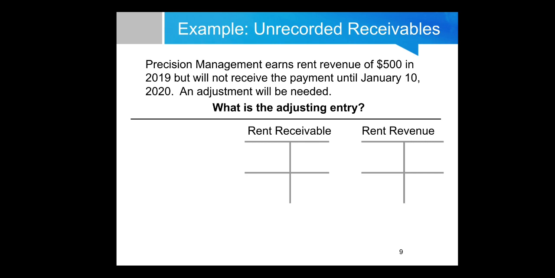If I ask you, is this $500 revenue for year 2019 or 2020, the answer is 2019. Why is this revenue for the year 2019? Because the rental happened in the year 2019. The revenue recognition principle says, in accounting, you record revenue when it happened. The rental happened in year 2019, so you have to record the revenue in year 2019.